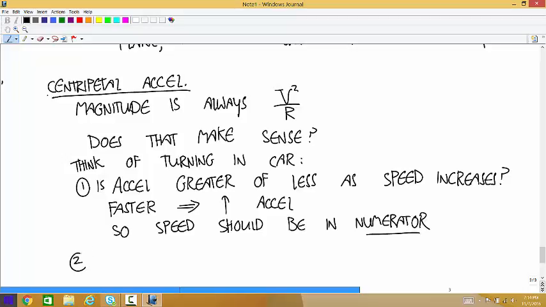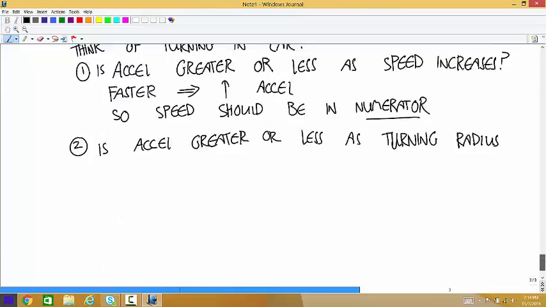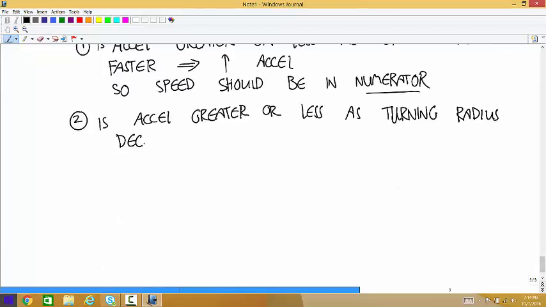And now second, is the acceleration greater or less as the turning radius decreases? Say you keep going the same speed, but you make that turn in a smaller and smaller space.